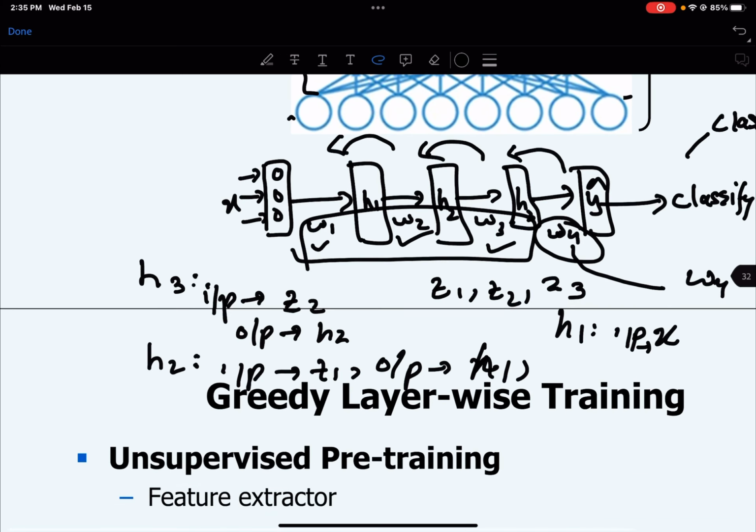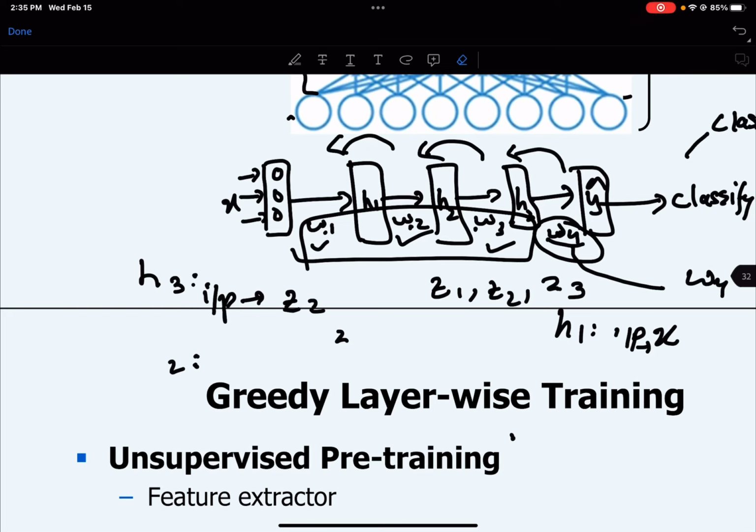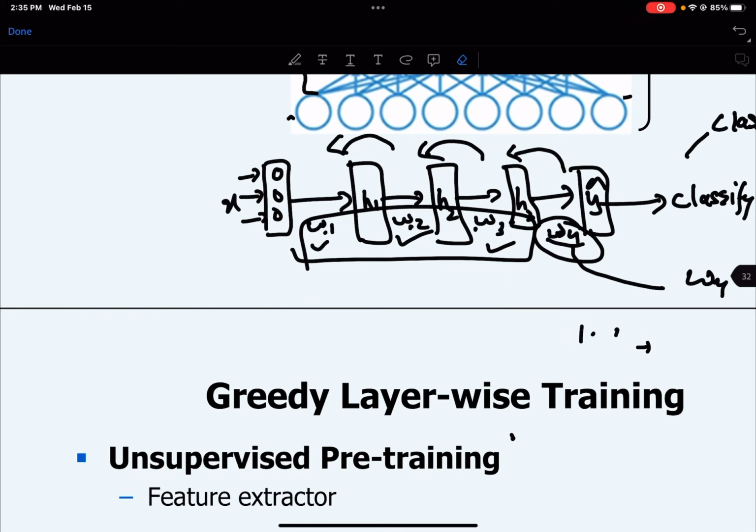So finally we will have your classifier at the last layer, where your W1, W2 and W3 will already be trained, and now you will add this layer to classify your output. Start this W4 with some random initialization as we have done before.